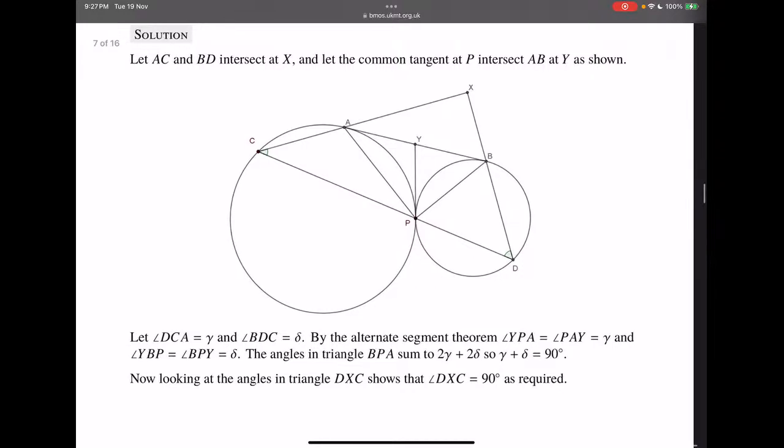YPA would be equal to, interesting. Okay, that would be equal to gamma.